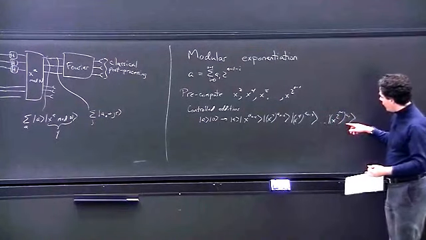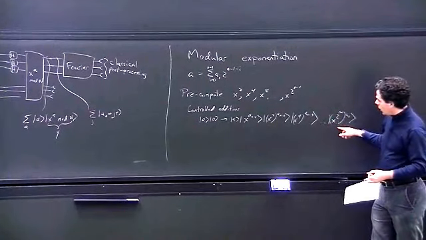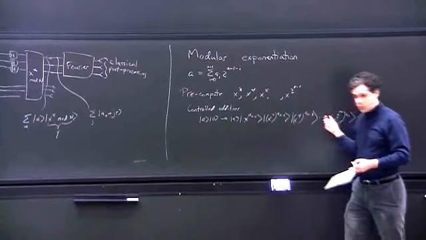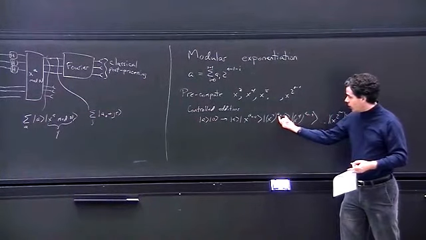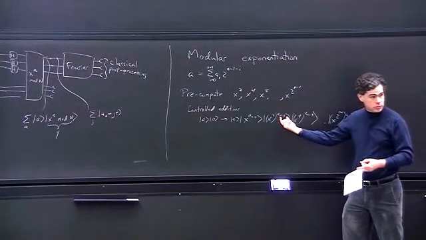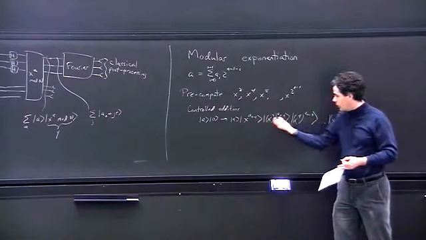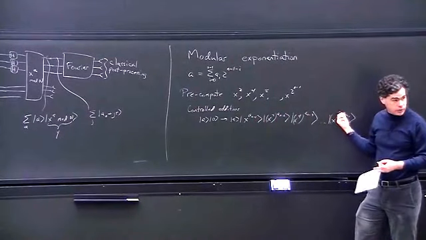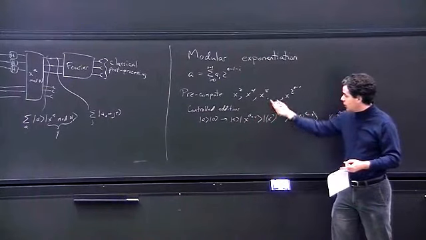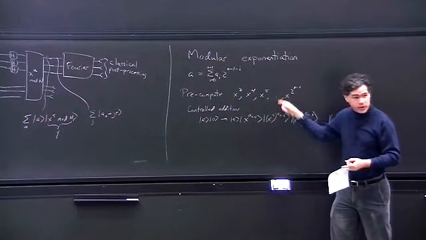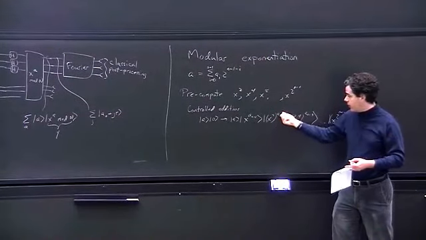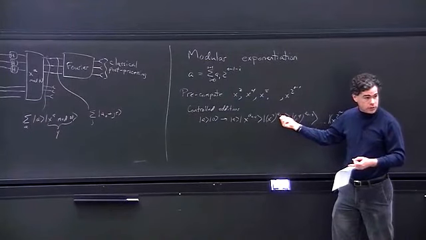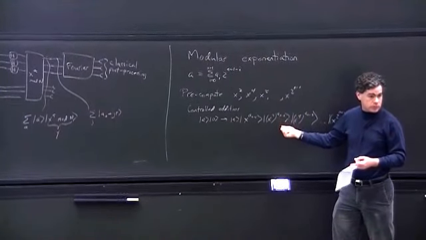Okay, so each one of these is a controlled addition, right? We're looking at this bit, the n minus first bit, n minus second bit, n minus third bit, etc. And we're adding this corresponding value if the control bit is 1, and not adding it if it's 0.